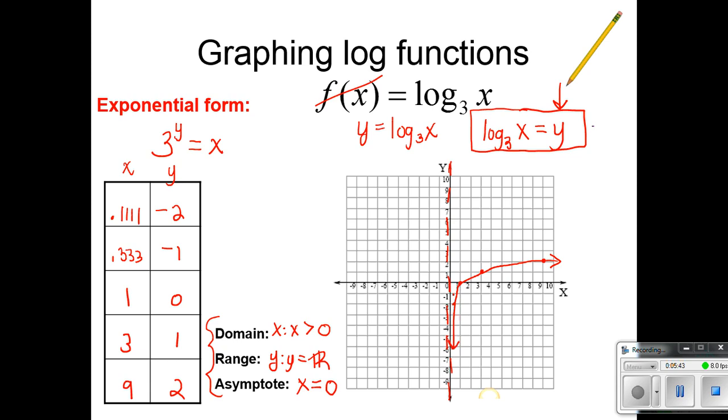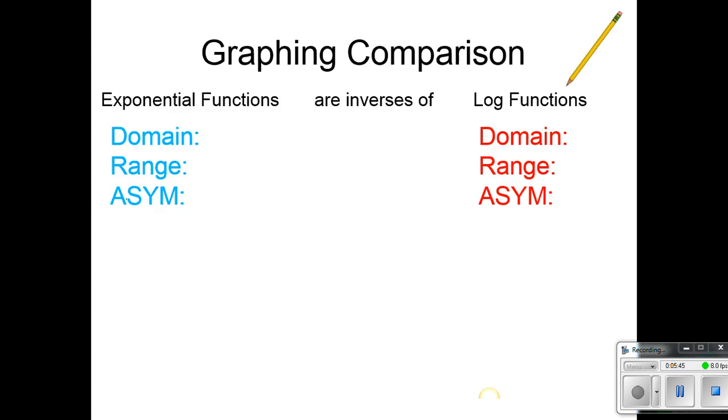Let's look at that right now so we can compare them. We know that they are inverses of each other. With exponential functions, we knew that the domain was all reals. Now what we know about log functions is that the range is all reals.